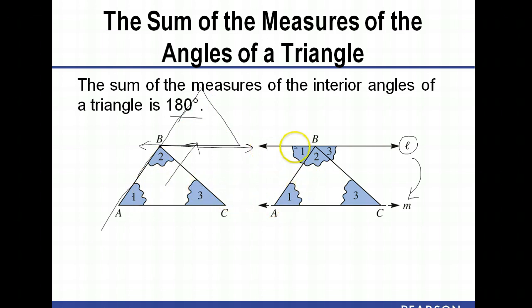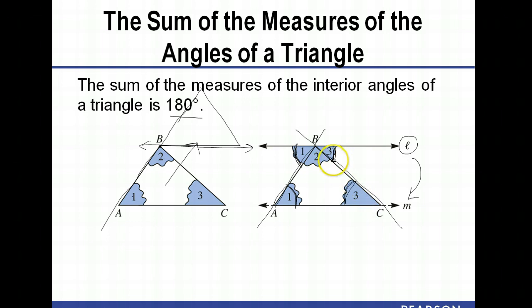Notice that when this line L is parallel to M, this angle here at 1 is congruent to this angle here, because those are alternate interior angles. AB would be considered the transversal here. Angle 1 is congruent to this angle here at 1. Also, if I consider the transversal to be this piece here, I know that angle 3 here is the same as this angle right here.